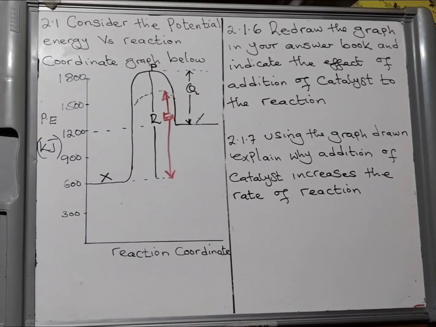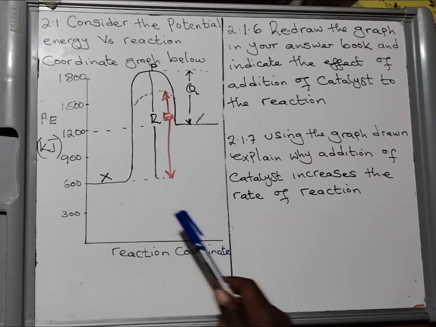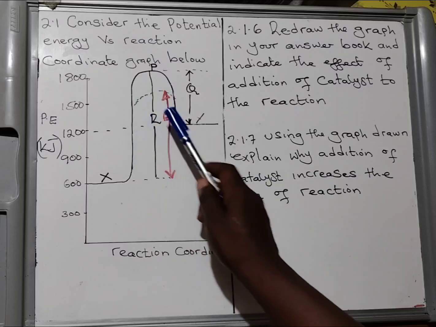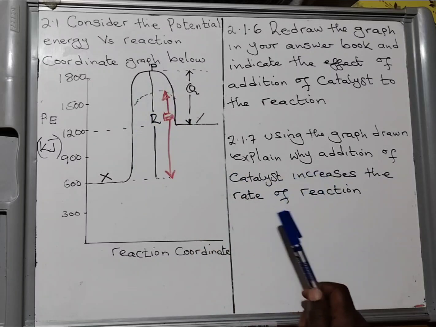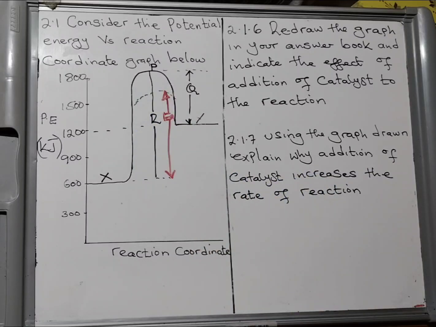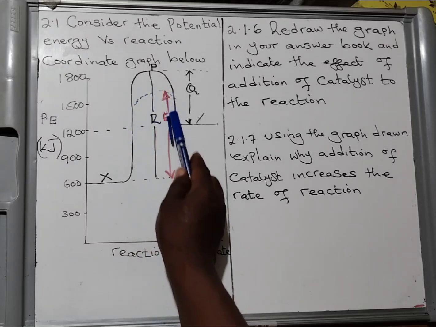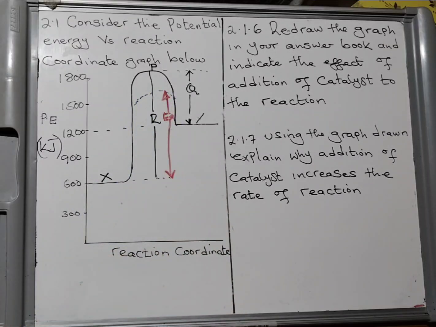Then comes the closing question of this video. It says, using the graph drawn, explain why addition of catalyst increases the rate of reaction. We have seen what a catalyst does. It lowers the activation energy.